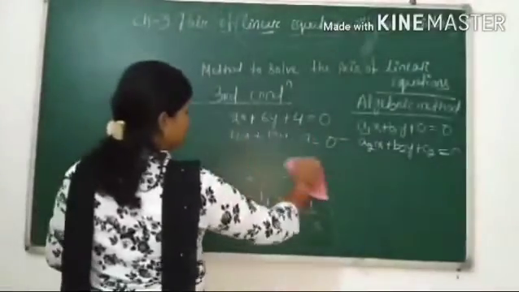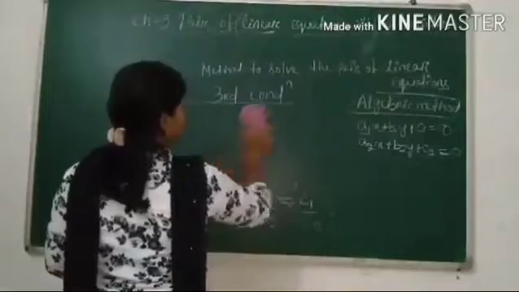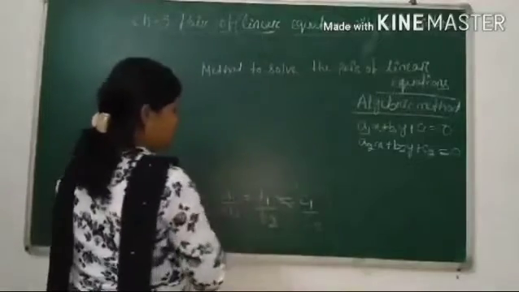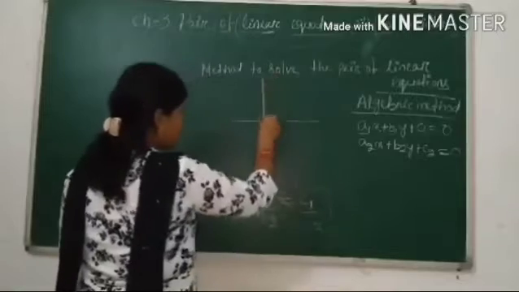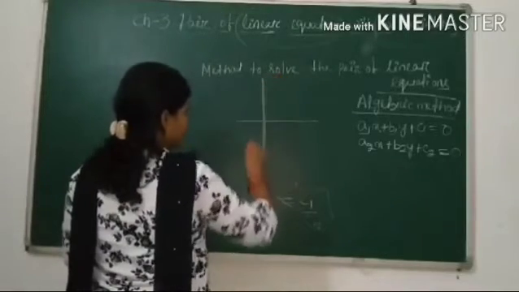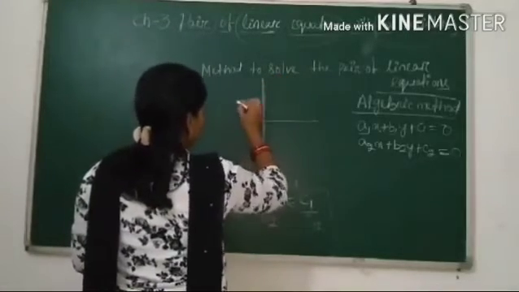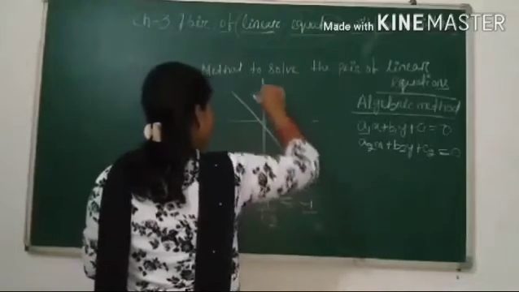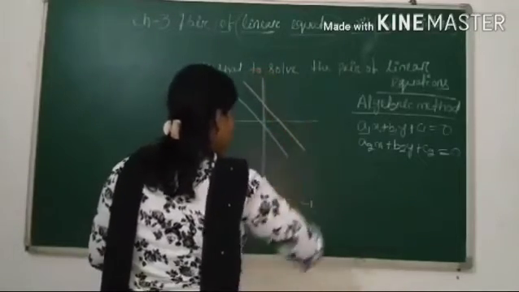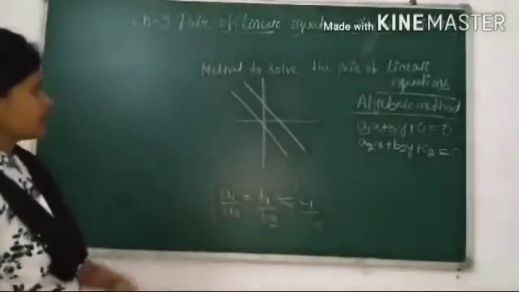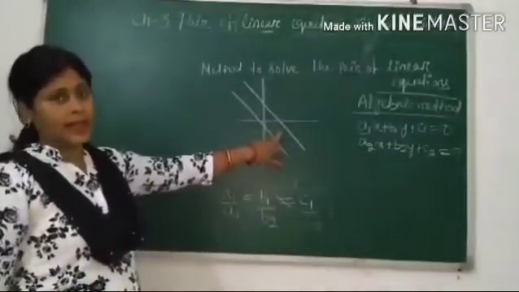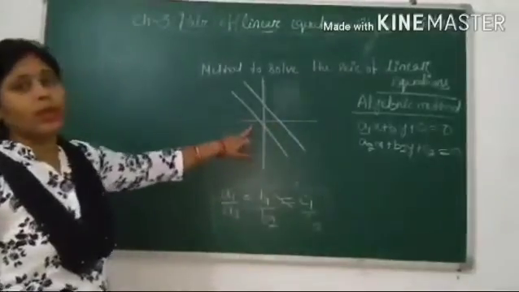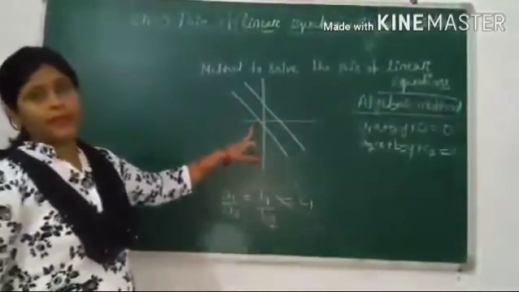Again, I am going to draw a graph between them. Then I am getting this type of lines. These lines are what? These lines are parallel lines. And as you know before, parallel lines never meet each other.